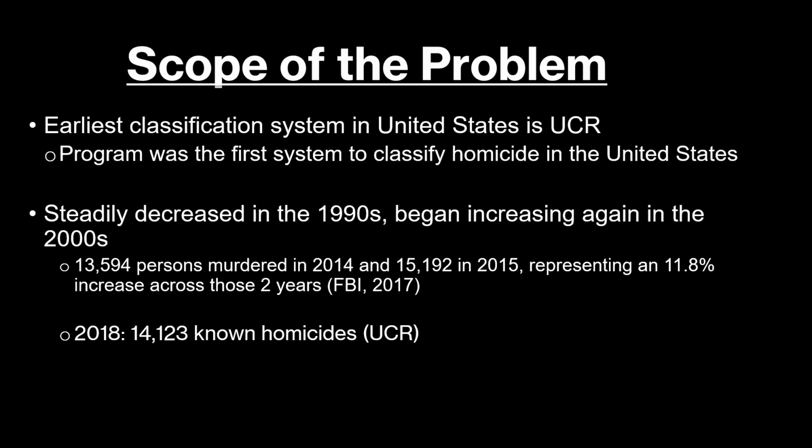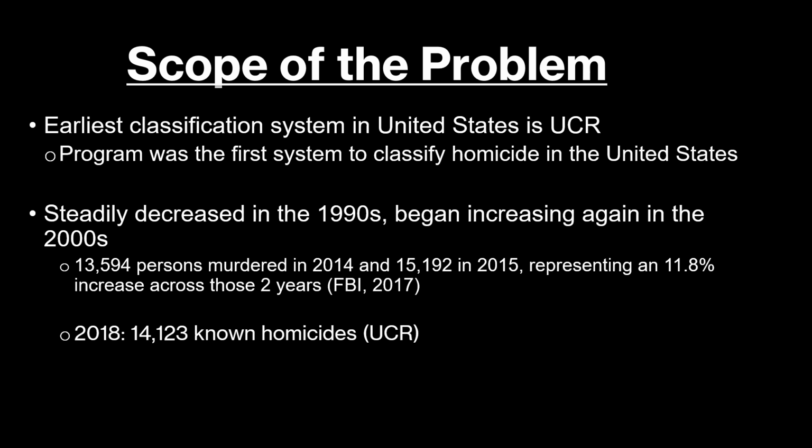Juveniles were deemed super predators during this time, these incredibly dangerous individuals, and so there was a continued scare around homicide. But when we look at the data, the 90s is really when the homicide rates declined.